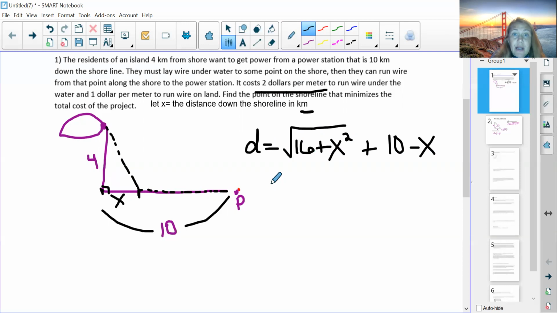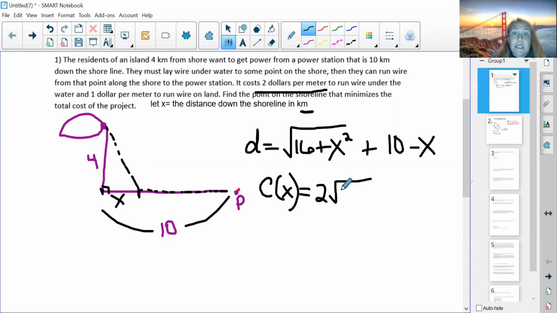All right, so I'm going to write a cost function, C of X. Okay, so if I go this distance right here, and the cost of building that distance is $2,000 per kilometer, right? Then I would multiply this by 2, knowing that it's in thousands.